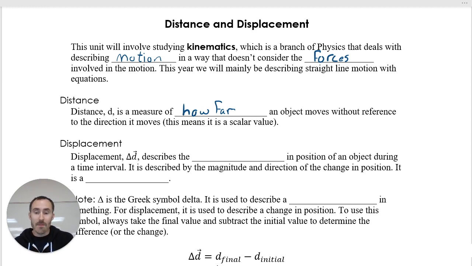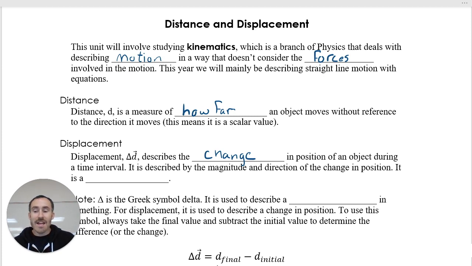So let's take a closer look. It describes the change in position of an object during some sort of time interval. It needs to be described by magnitude, that's size, how much change there was, and the direction of the change. So I ran 100 meters north, then ran 8 meters west.